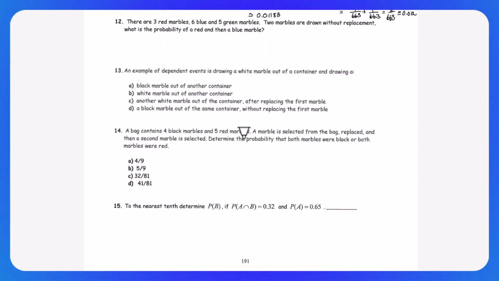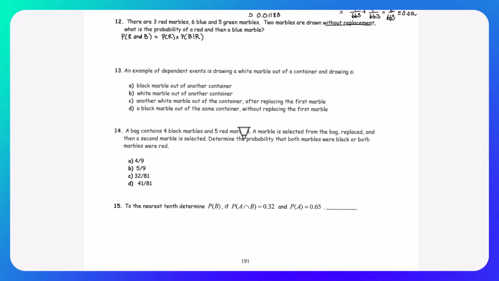All right, number 12. There are 3 red marbles, 6 blue, and 5 green marbles. 2 marbles are drawn without replacement. What is the probability of a red and then a blue marble? So we're looking for the probability of red and then the blue. So we need to know the probability of the red, and it says without replacement, which means this is dependent, so we have to find the probability of the blue given that the red has already happened.